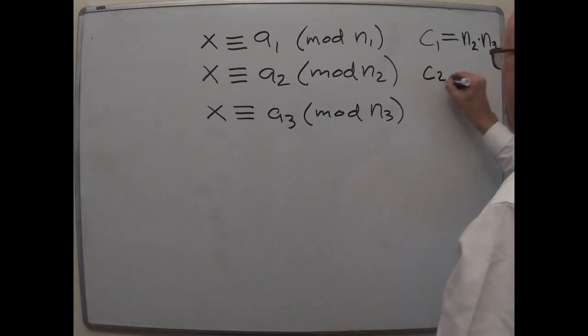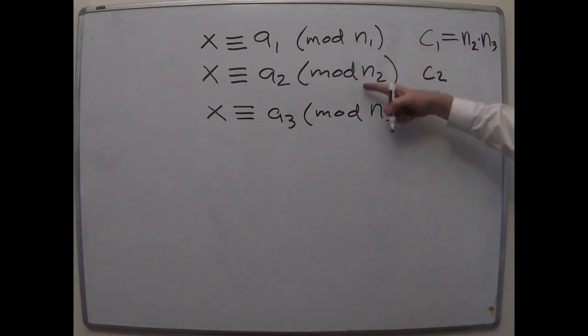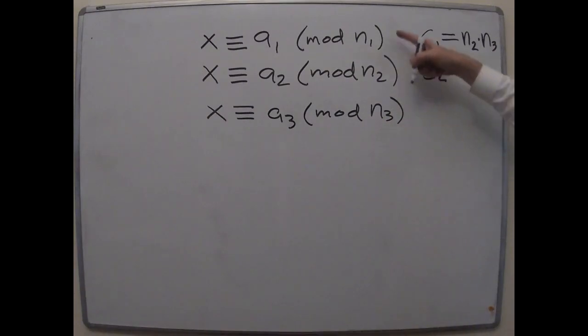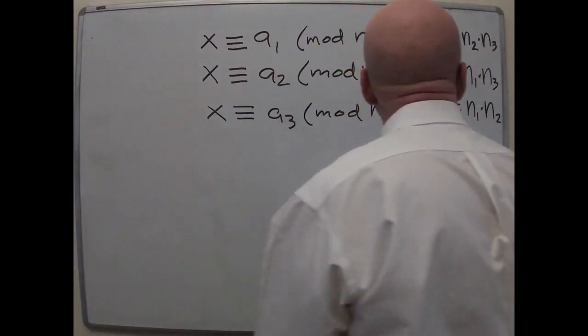And C2, these C's probably stand for complements, because we're really thinking about a product of all three of these numbers, and this is the part of that product that doesn't involve N1. C2 would be N1 times N3, and C3 is N1 times N2. In the text, they would write these things slightly differently.